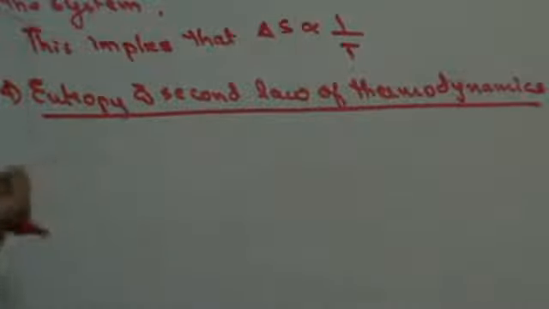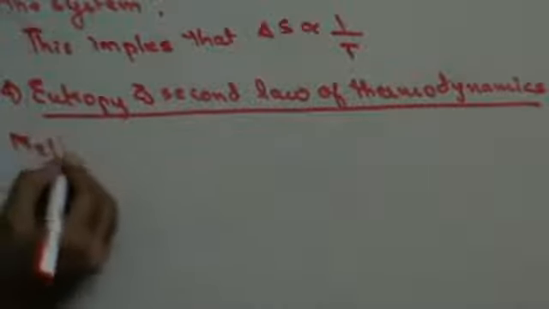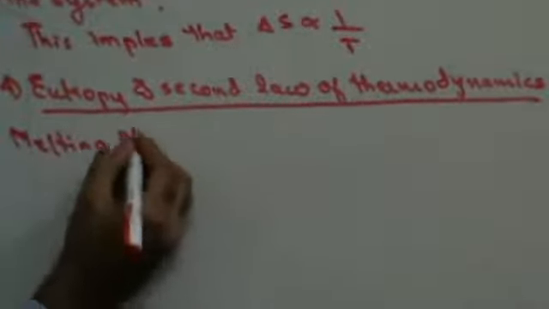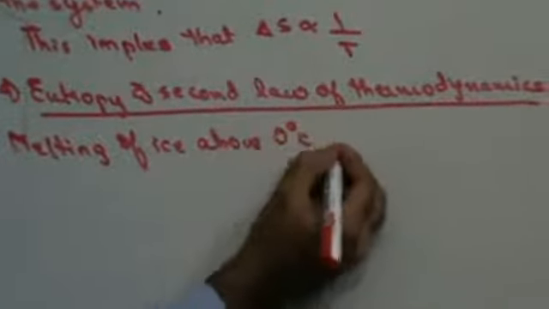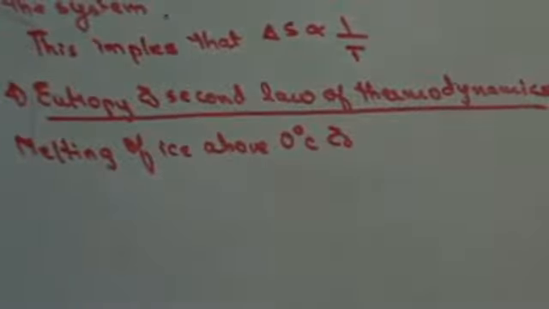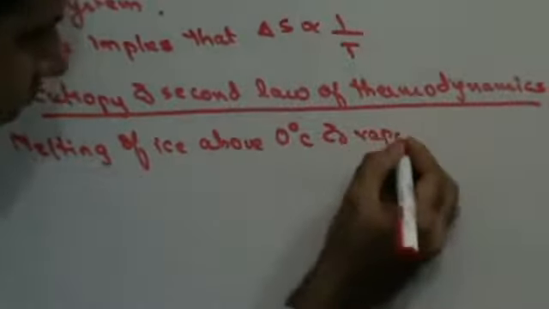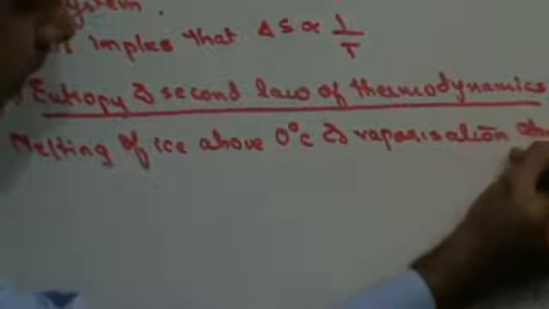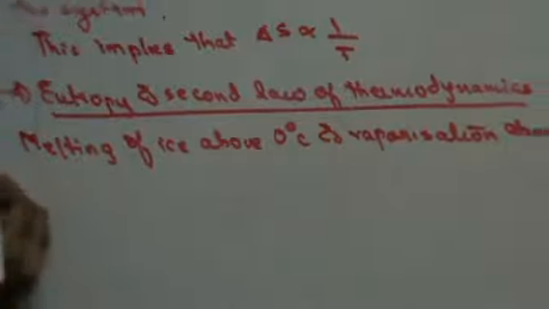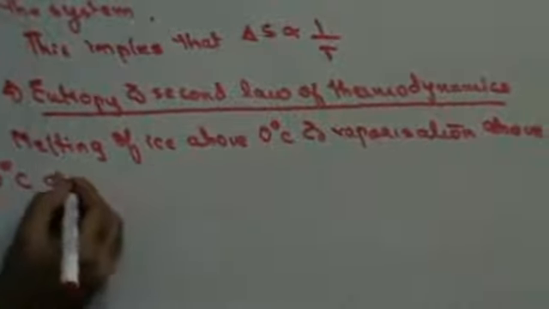For example, first let me show you how the entropy increases. Suppose melting of ice above 0 degrees centigrade and vaporization above 100 degrees Celsius are spontaneous processes.